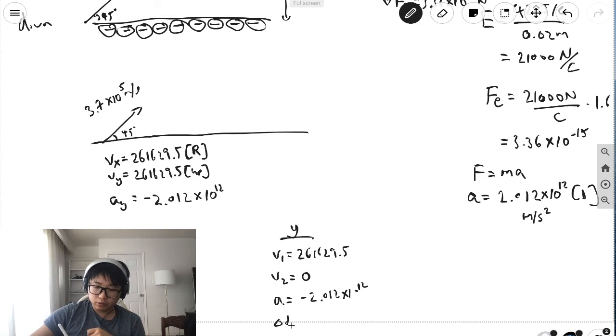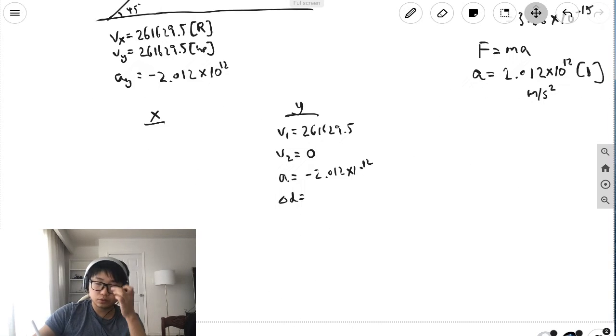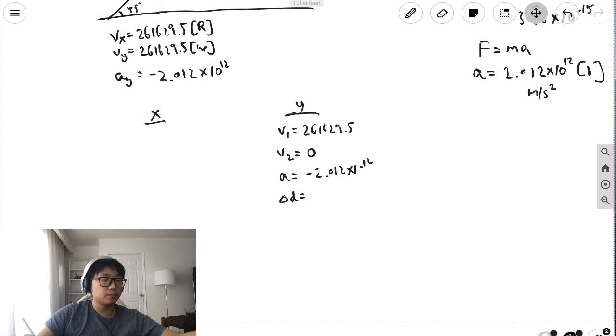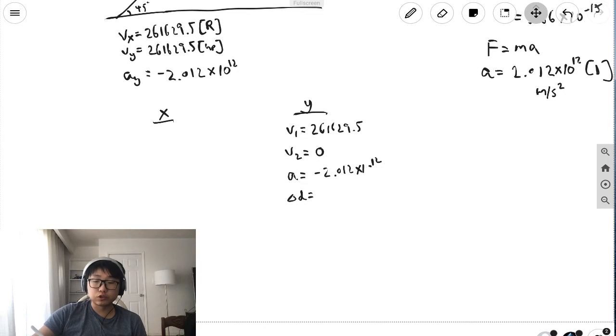And then we're getting a delta D here. We're just checking if this D is going to be less or greater than the 2 centimeters. If it's greater than, we're going to hit the opposite plate. If it's less than, we're not going to hit the opposite plate. Okay, so this equation I expect you to remember though: V2 squared equals V1 squared plus 2AD.